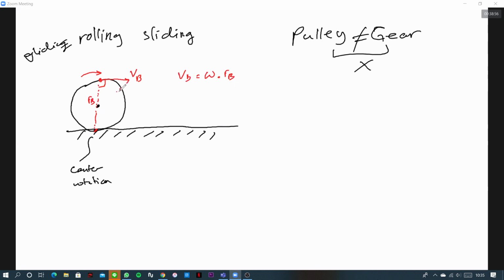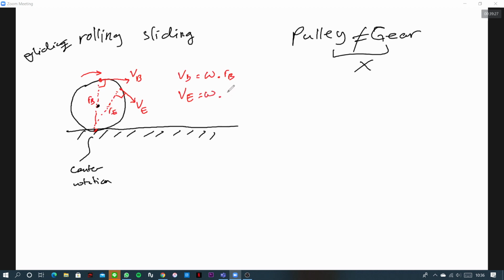You should draw a straight line to the contact point and take a line perpendicular to that dashed line. So this is VE, point E. How can you find the velocity at point E? You just have to find this length. What is the length of RE?